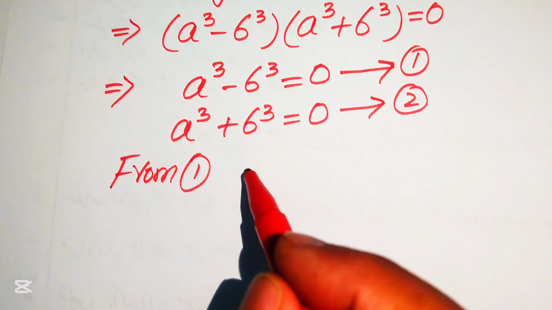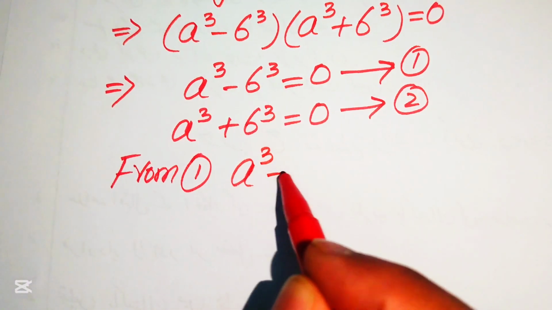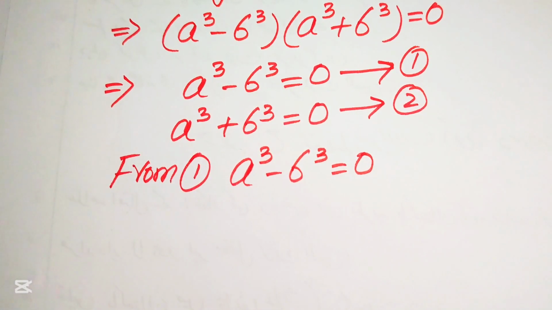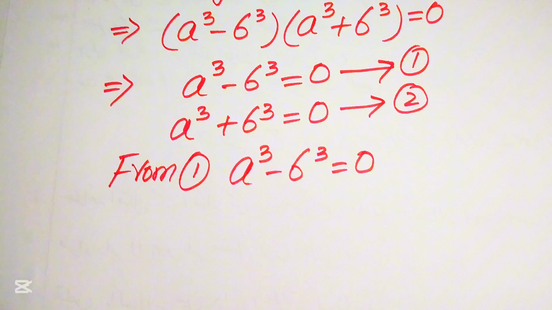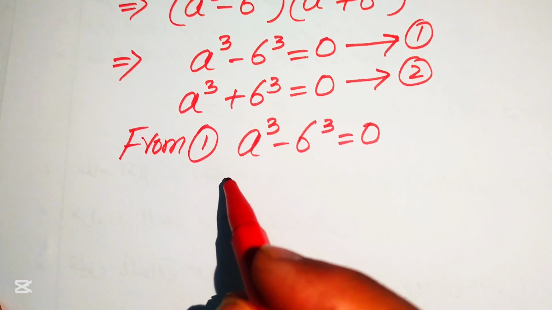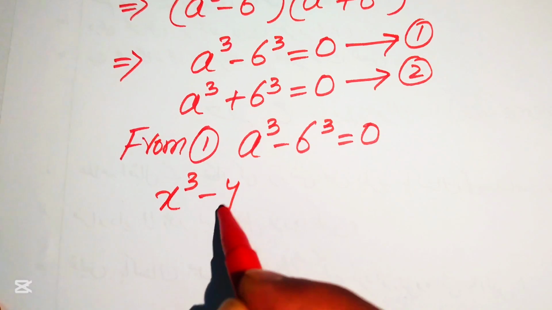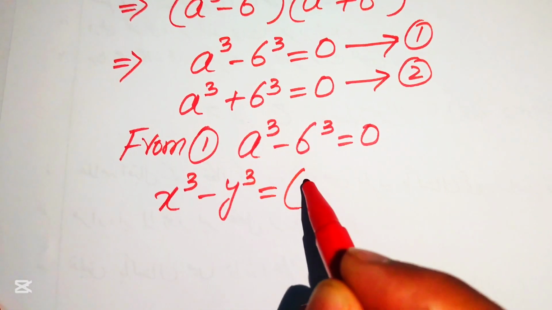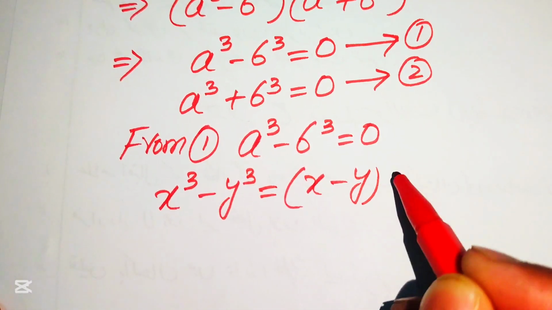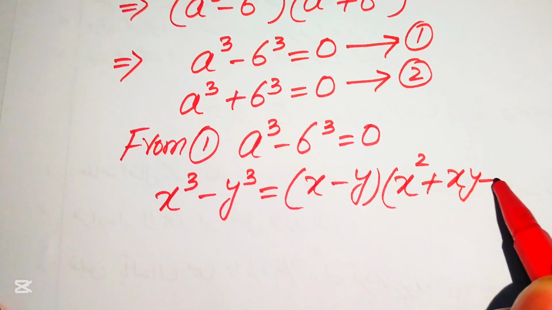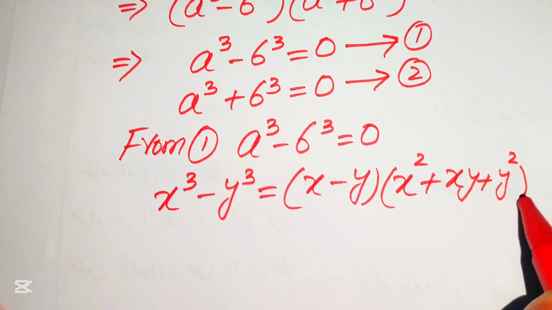So if we copy down equation number 1 here, it is a cubed minus 6 cubed equals 0. And here we apply the nice cubic formula. You know about this formula: if we have x cubed minus y cubed, it equals x minus y times x square plus xy plus y square.